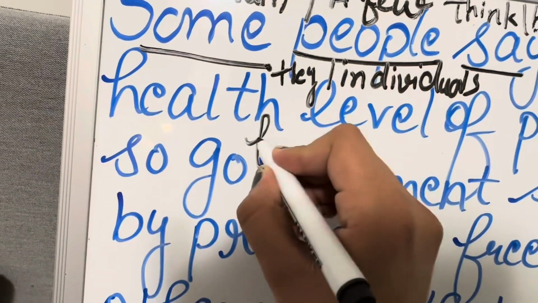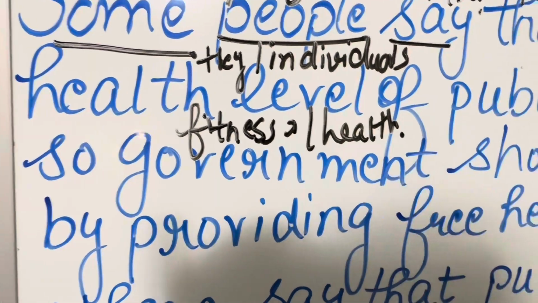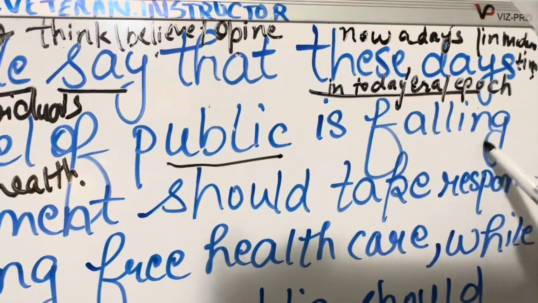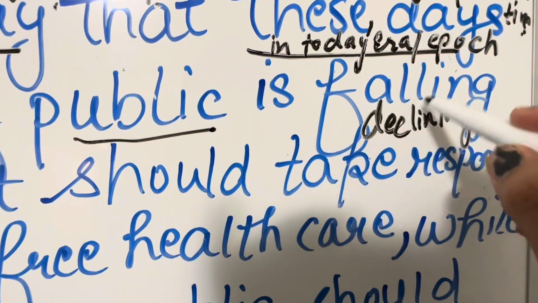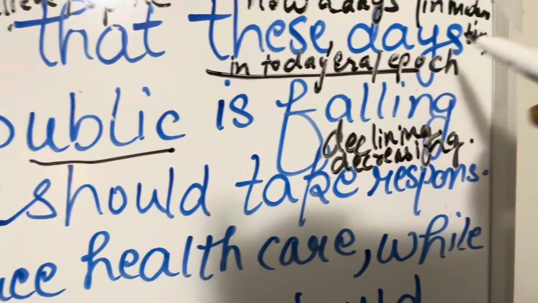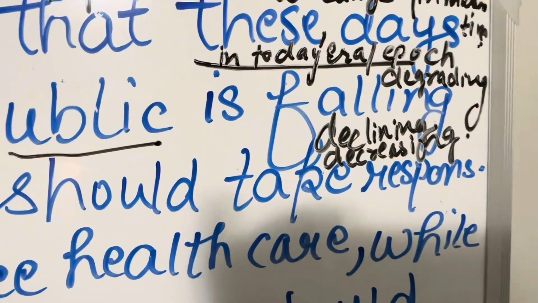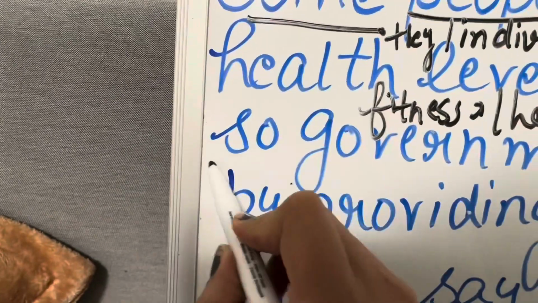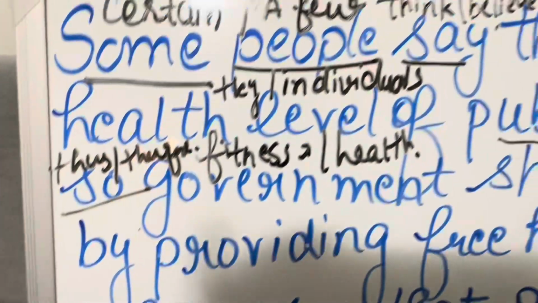We can say simply fitness level, or you can just write health of public is falling, is declining, decreasing, degrading. Then so is thus, therefore, hence.